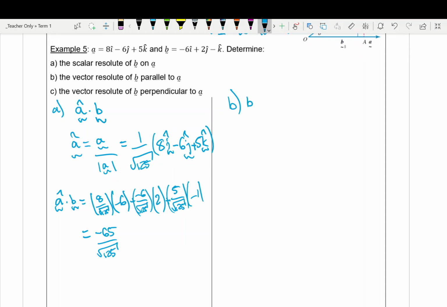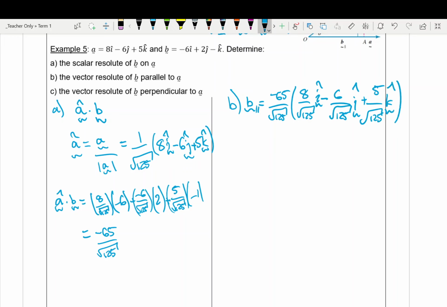Okay, part B. So B parallel is given by what we just found, multiplied by the unit vector A. So we're taking that -65 on root 125, and we're multiplying it by 8 on root 125 i, minus 6 on root 125 j, plus 5 on root 125 k.